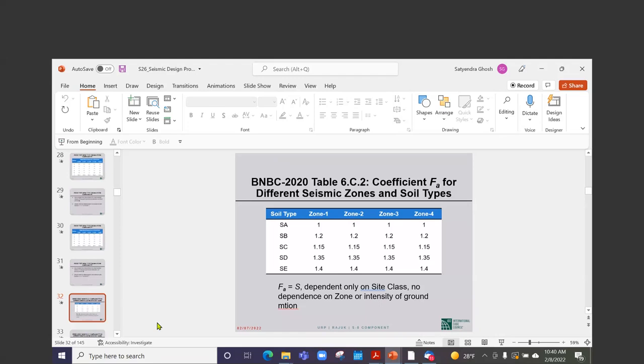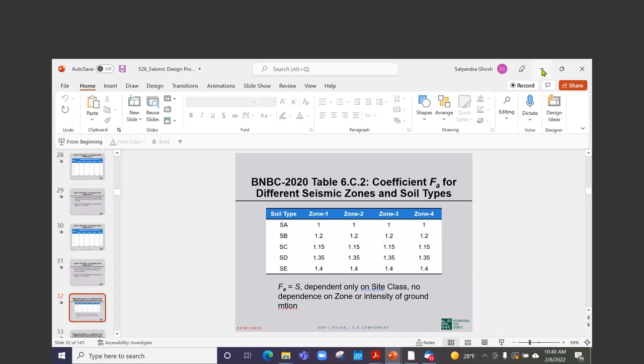I mean, he means by the code. Yes. But if due to architectural reasons the owner needs something that will lead to vertical irregularity, then how do we go around that?